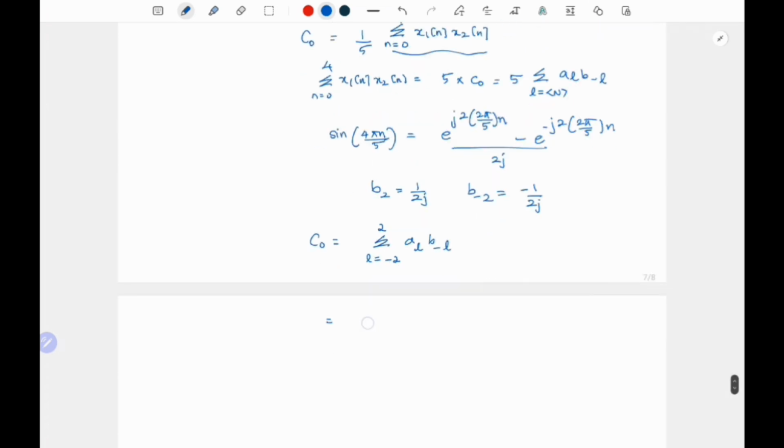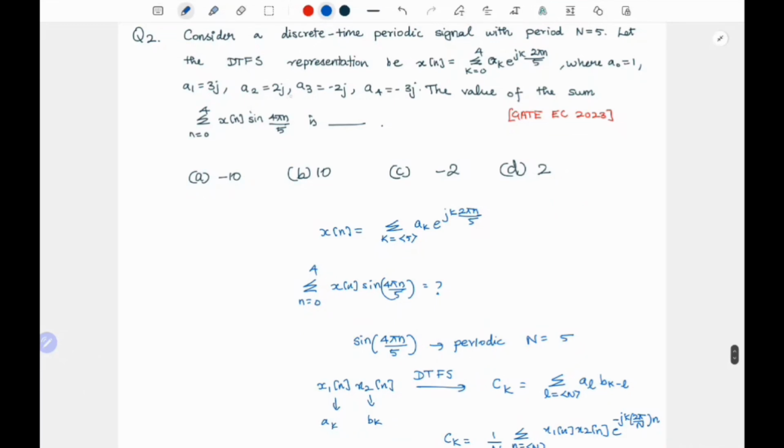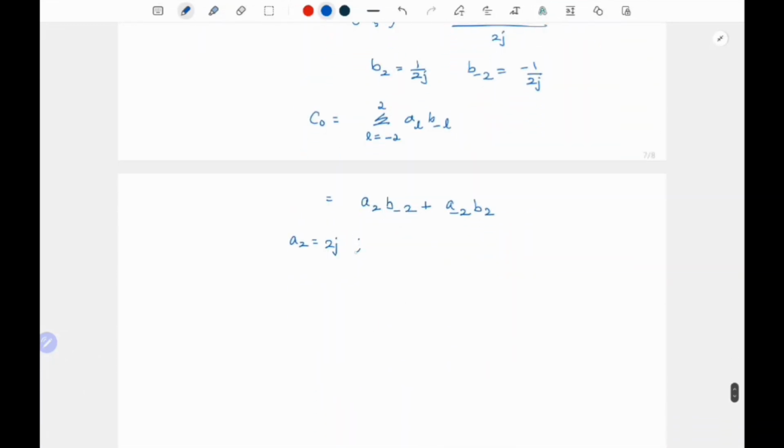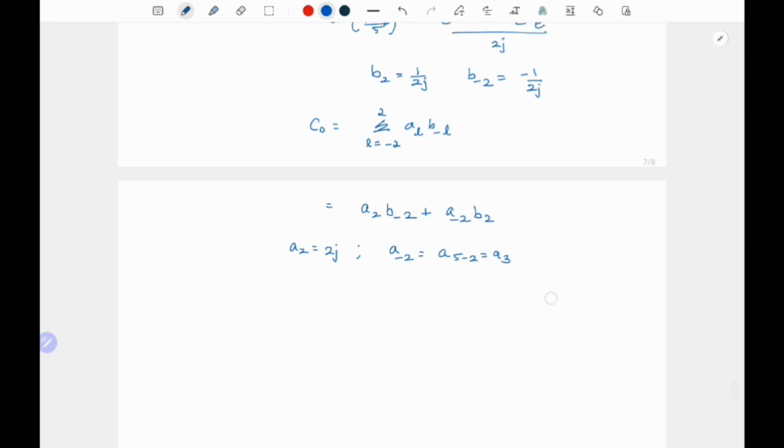So if I substitute that, what will I get? I will get A2 B minus 2 plus A minus 2 B2. So A2 I know. A2 is 2j. But then A minus 2, how will I find? I will use the property that your Aks are also periodic with period N. So I will add 5. 5 minus 2 is nothing but A3.